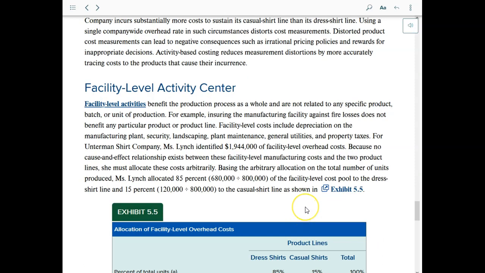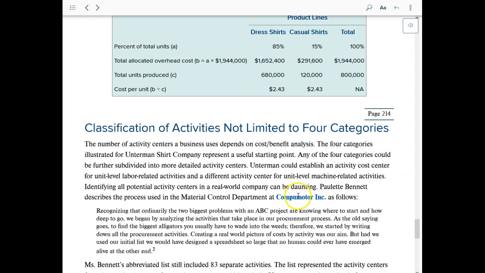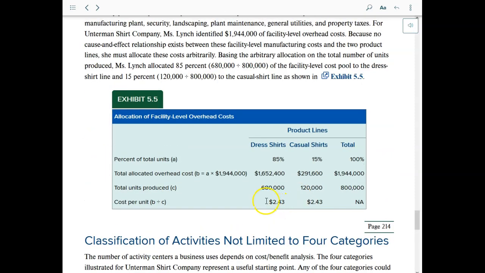Now, facility level cost, these can be like manufacturing plant depreciation, security, landscaping, plant maintenance. She identified 1,944,000. Again, after her studies, that's what she came up with for these facility level costs. Let's allocate this between the two different types of shirts. She believes that 85% of the facility level cost should be allocated to dress shirts, only 15% for casual shirts.